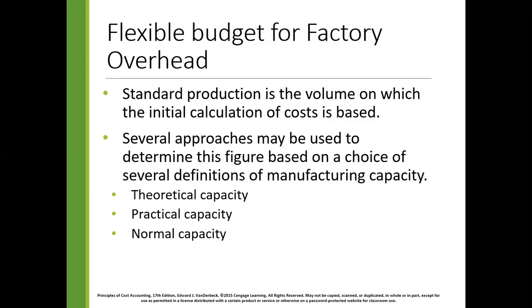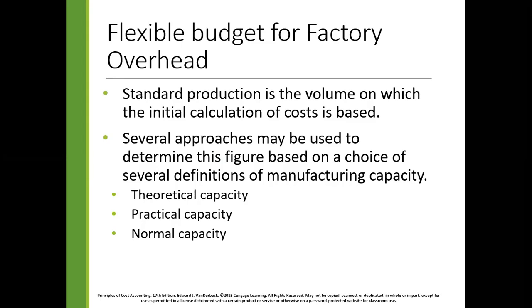But theoretical capacity is the maximum number of units that can be produced with the completely efficient use of all available facilities and personnel. Practical capacity is the level of production that provides complete utilization of all facilities and personnel, but allows for some idle capacity due to operating interruptions like machine breakdowns or idle labor time, things like that.